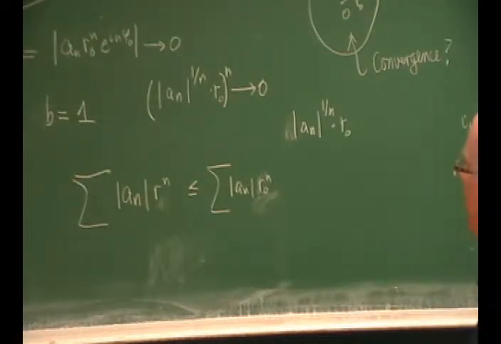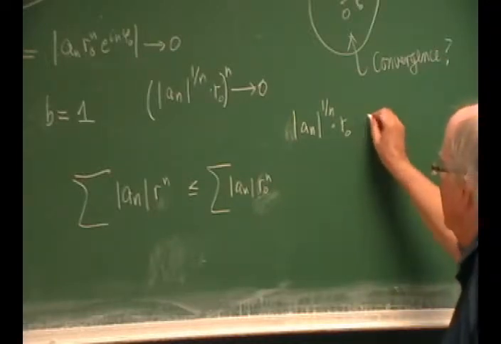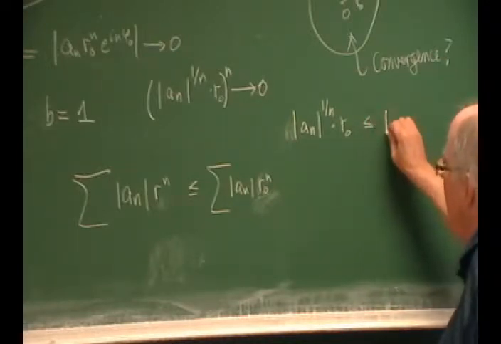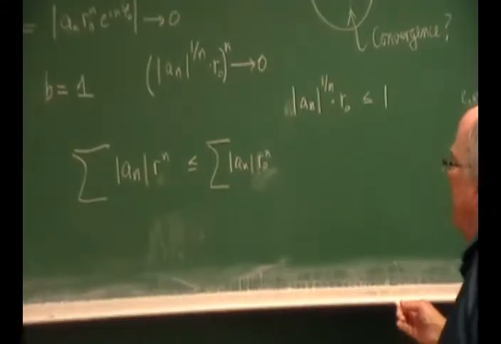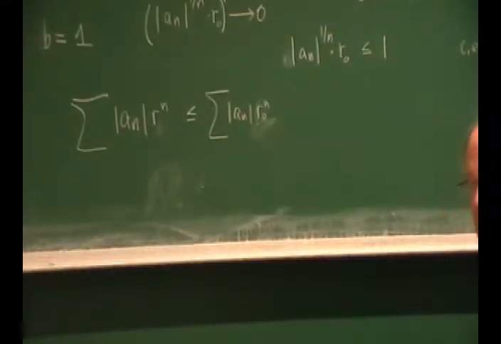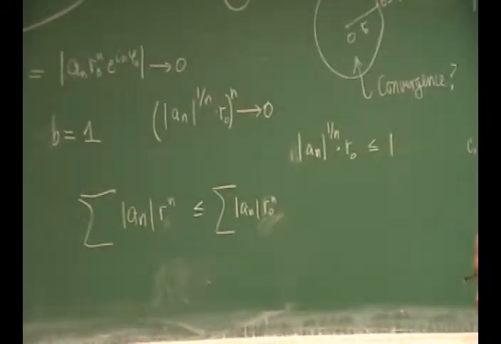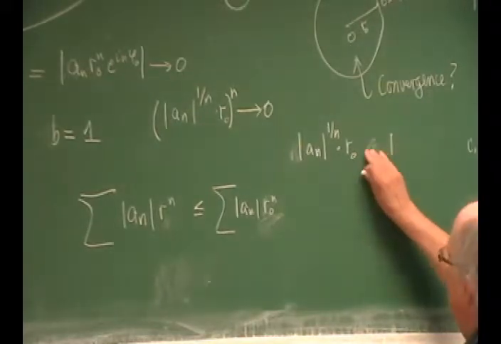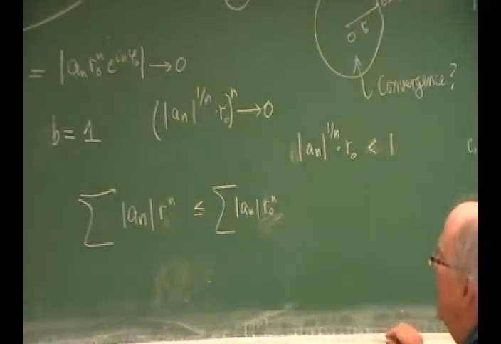That should be less than 1. Let's see if that's right. Well, is that really right? It should be strictly smaller than 1, so that it can go to 0.